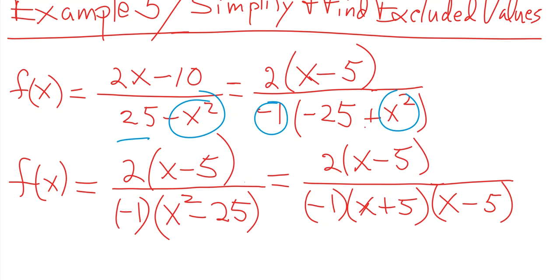And in the denominator, remember, you can't divide by 0. So what are the possibilities for zeros in the denominator? We have two factors that have a variable there. X plus 5 would be 0 if x was -5, and x minus 5 would be 0 if x was equal to positive 5.